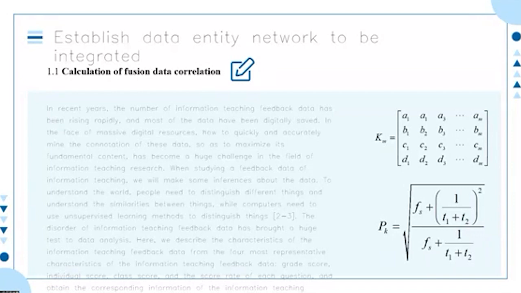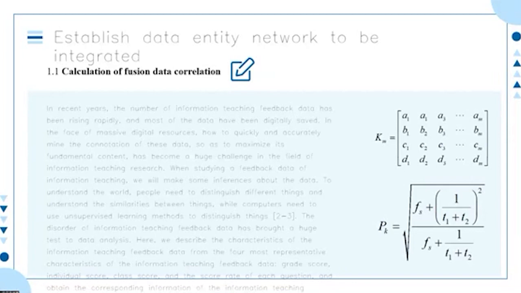research. When studying feedback data of information teaching, we will make some inference about the data to understand the world. People need to distinguish different things and understand the similarities between things, while computers need to use unsupervised learning methods to distinguish things.